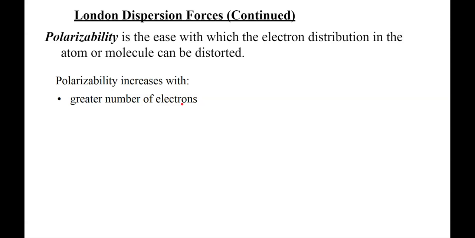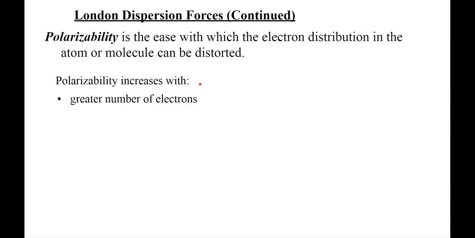But if you look down the noble gases, helium has 2 electrons, neon has 10, argon 18, krypton 36, and so on. The more electrons there are, the more they're able to be polarized. And that will lead to greater strengths in LDFs, which is why if you look at the boiling points of the noble gases, even though they're all nonpolar, the boiling points get higher as you go down the periodic table.